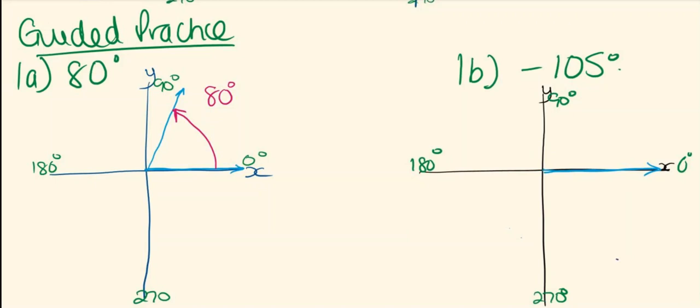So 90 is here, and then it's going to go a little bit past. So this is about, say, 15. Actually, that may be a little bit wide. Make it a bit narrower. So we'll say that's 15 to there. So from here to here is minus 105.